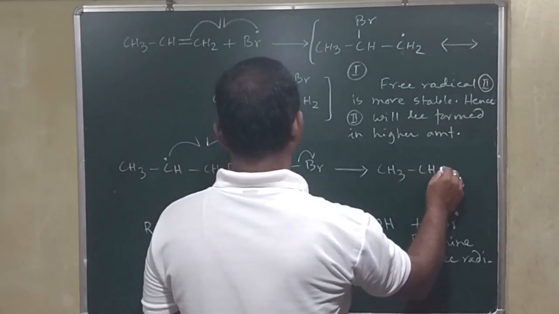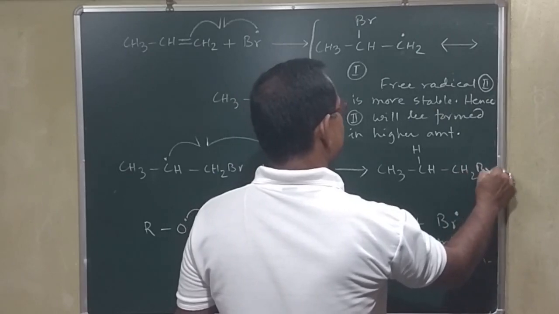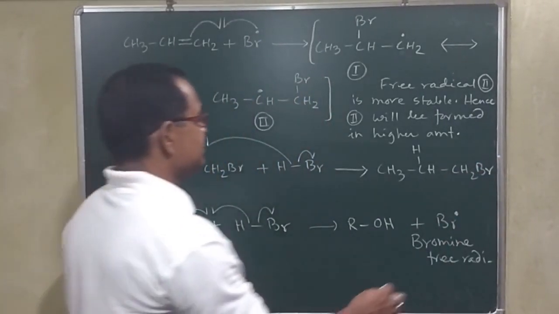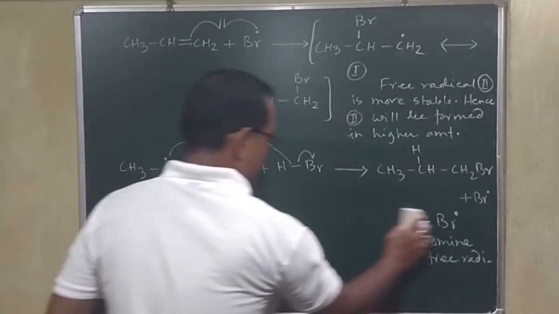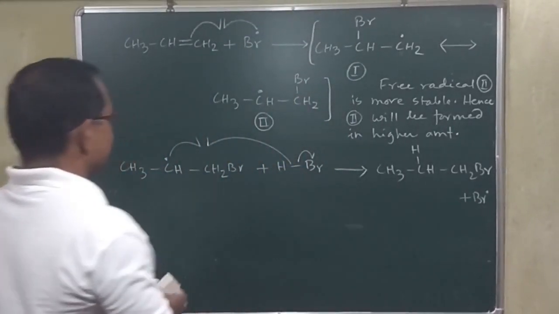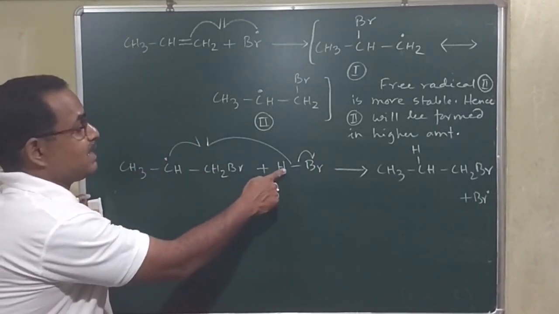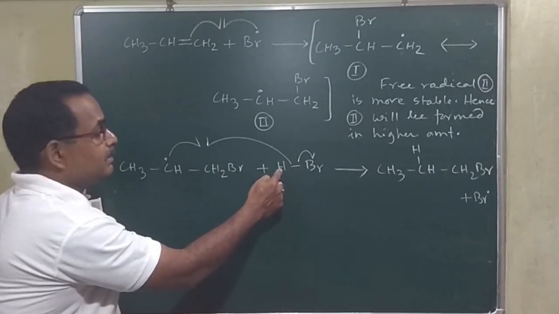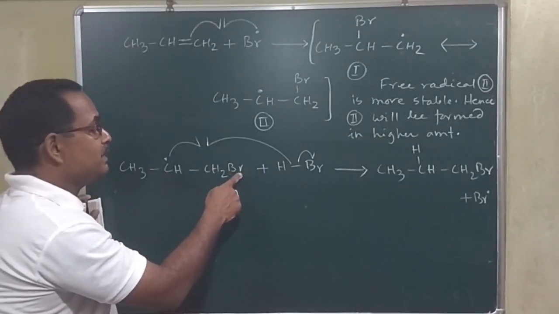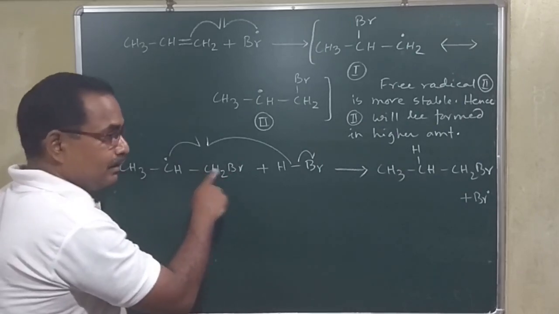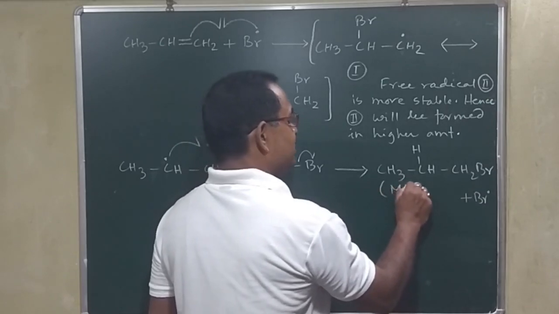CH3 CH2 CH2Br plus Br dot. See, this radical carbon abstracts hydrogen from HBr. This hydrogen goes to this carbon, carbon number 2. Bromine stays, because bromine is already at carbon number 1. This gives you 1-bromopropane. This is the major product.